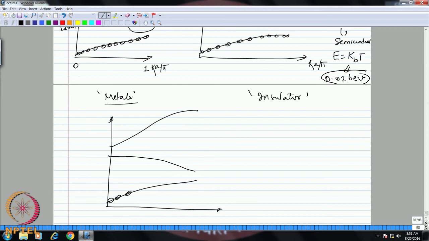this is all filled. Now, what could happen is this band gap may be okay to cross at a certain temperature. So, 2 electrons may jump from here to here, and therefore 2 holes are created on the valence band.